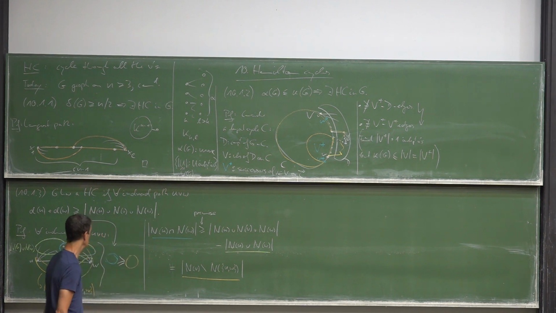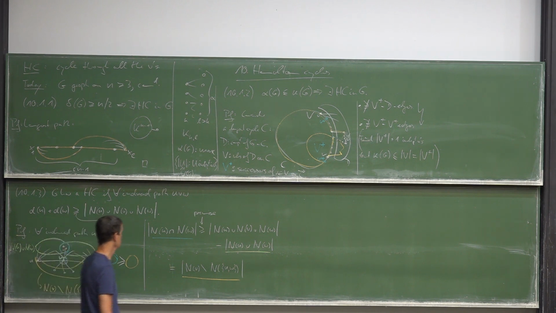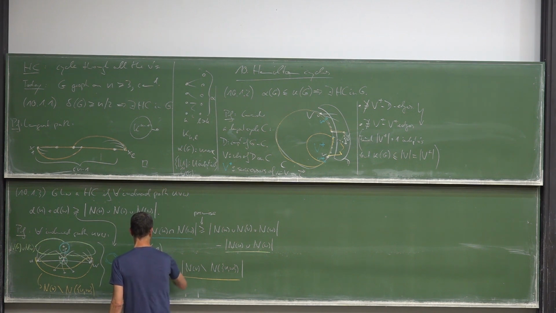So the neighbors of V that are not green. So we have this inequality as an observation of what our premise here yields. So we'll call this statement 1.